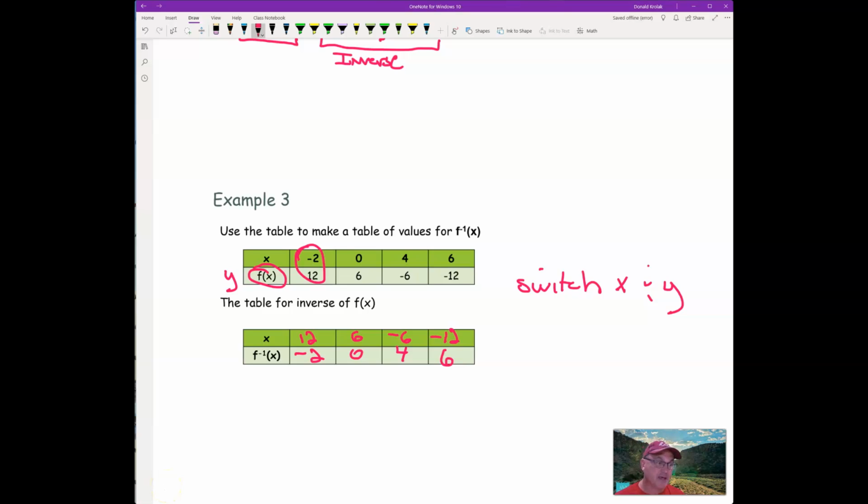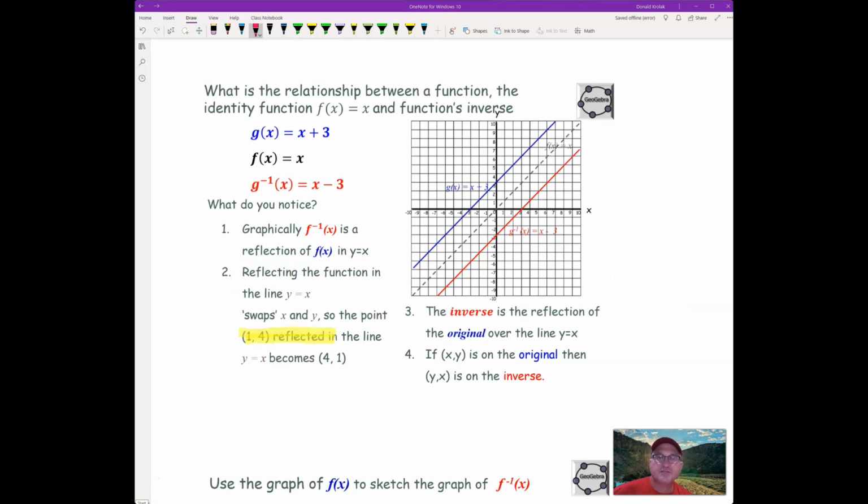I've reversed the mapping. All right, the next thing to understand is what's the relationship between an original graph and its inverse graph? How are they related to each other? So up here on the screen, the blue graph is the original function. The black dotted line here is the identity function.